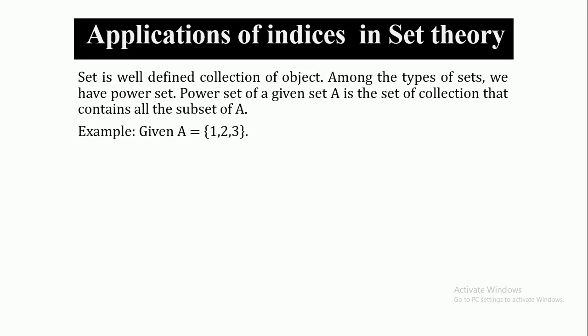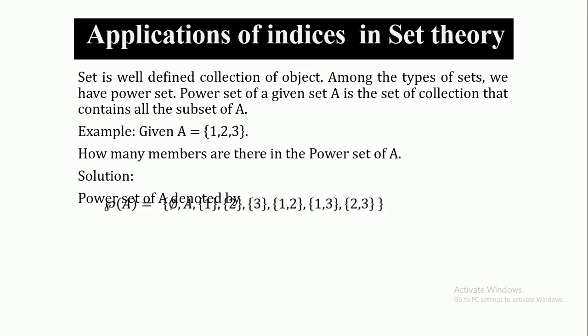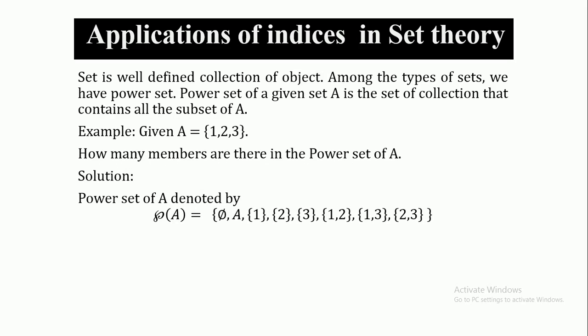For instance, if you have a given set A = {1, 2, 3}, we can determine the number of members in the power set of A. How do you go about this? The power set of A is denoted by this calligraphic notation of A. We have the empty set because it has been proved that the empty set is a subset of every set, and every set is a subset of itself.